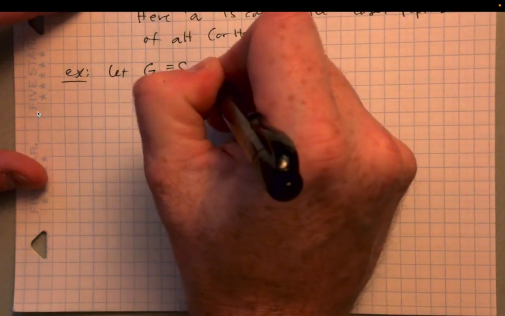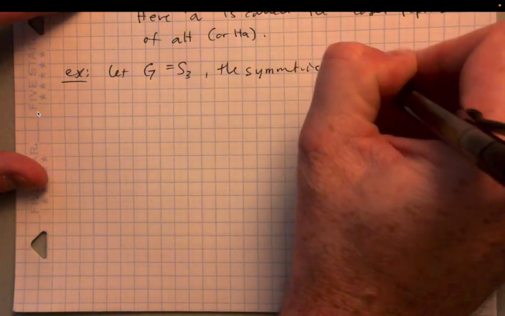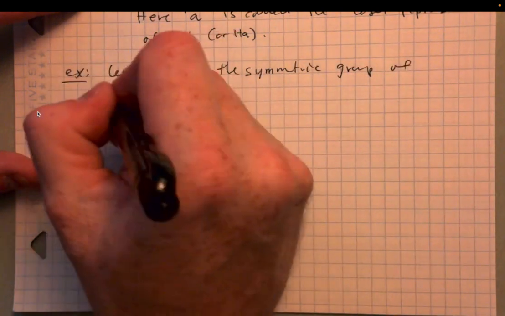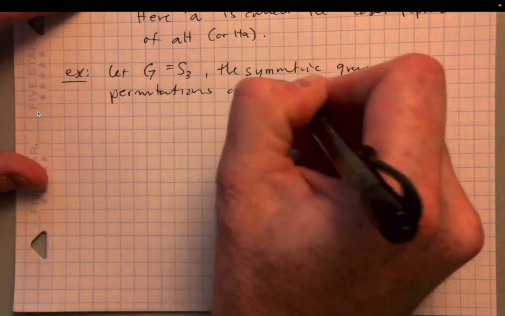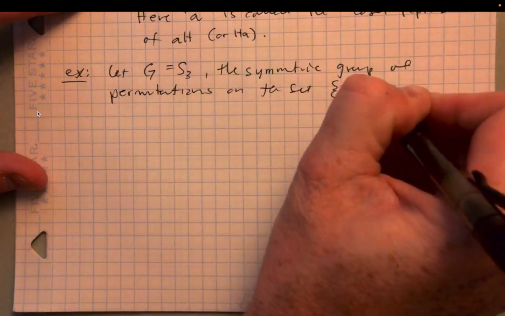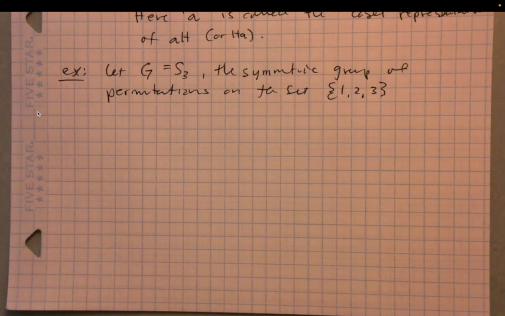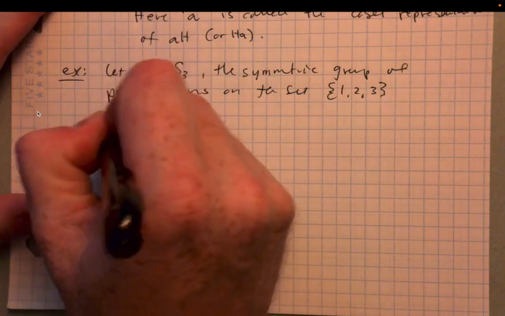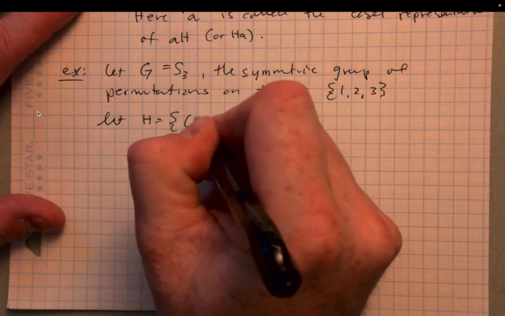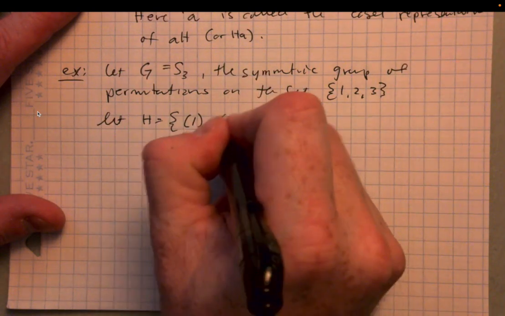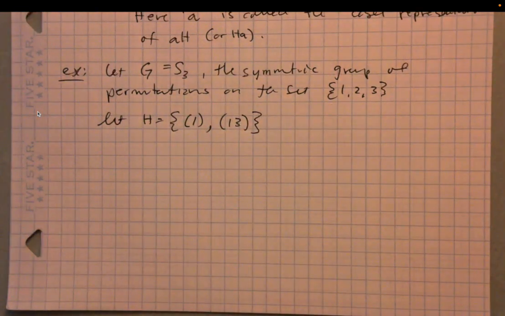S3 is the symmetric group, the group of permutations on the set 1, 2, 3. That's why we call it S3. And let H equal a subset of S3, namely the subset of the identity and (1 3). These are permutations inside the group S3.